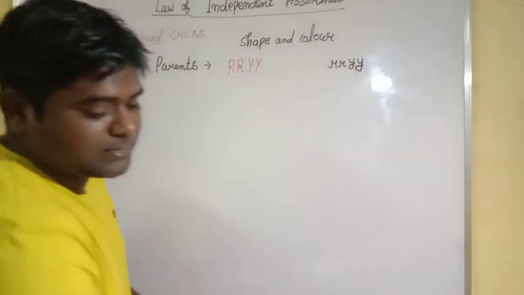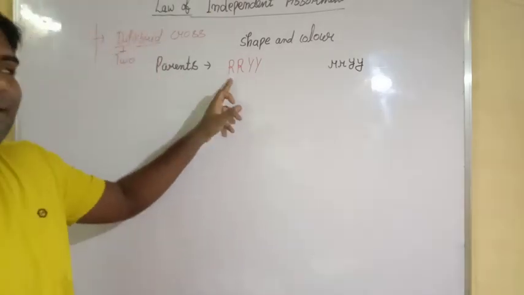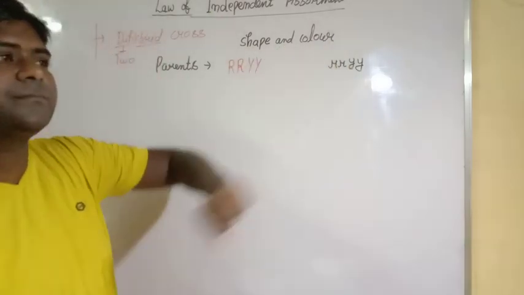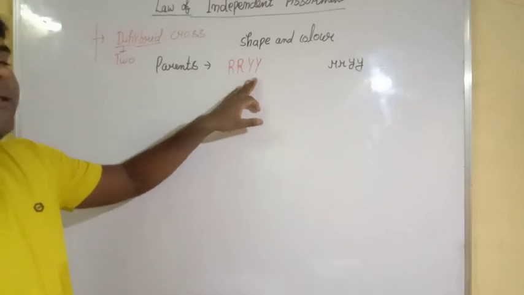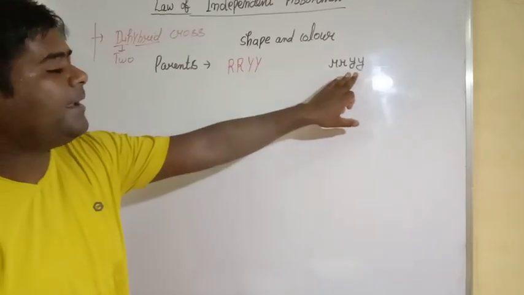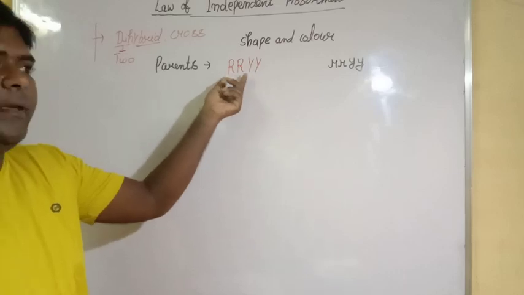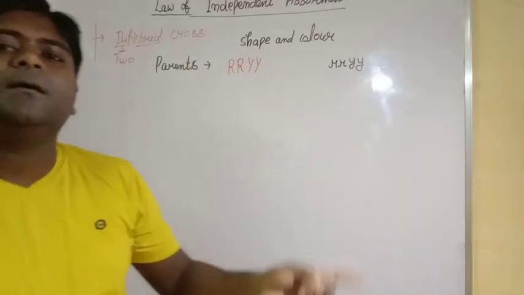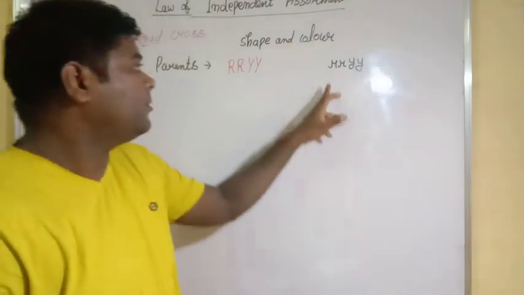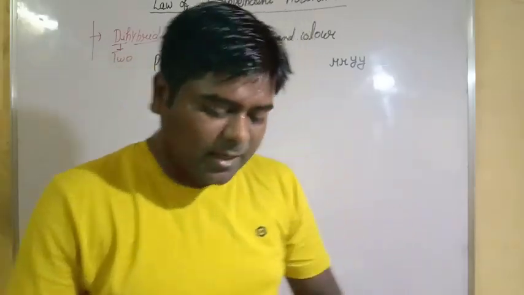These are the parents. Two characters, shape and color. So round and yellow, wrinkled and green. Homozygous dominant for shape as well as color. Homozygous recessive for shape as well as color.